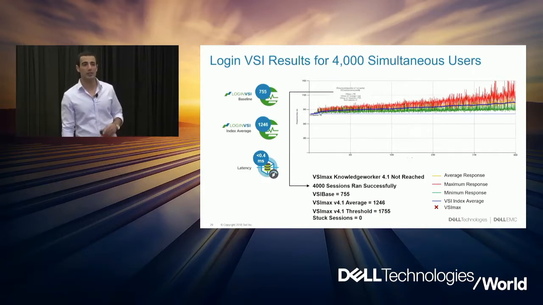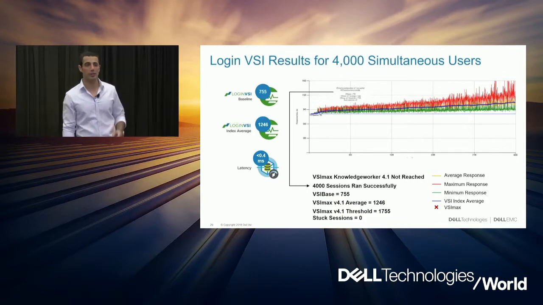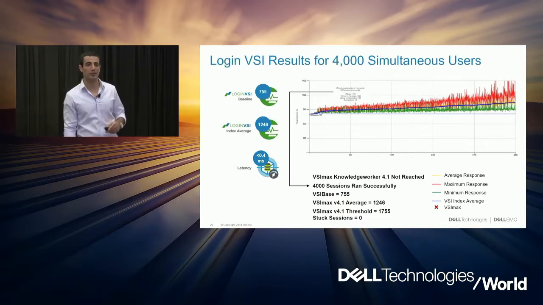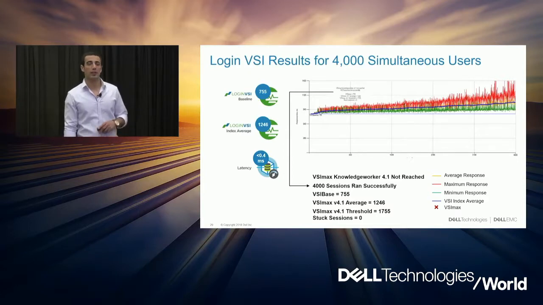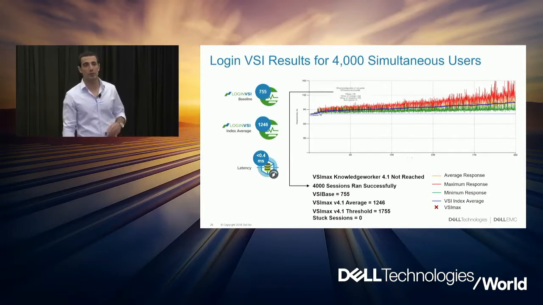The VSI max threshold is the VSI base plus 1,000, and our goal is to not reach the max threshold during all the tests. The red X indicates that we've reached the Login VSI max, and from that point, there will be a performance degradation.